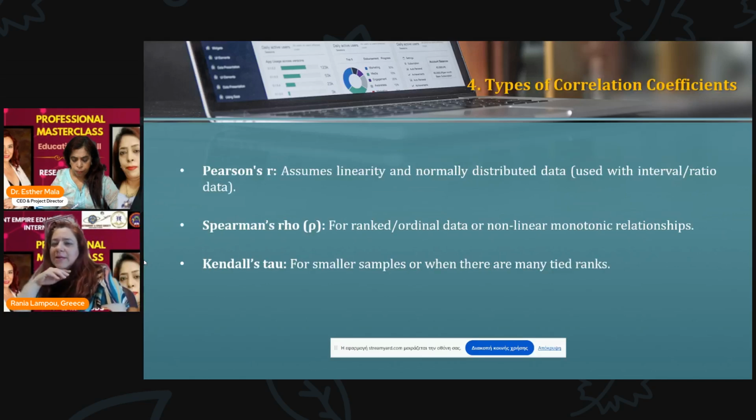The types of correlation coefficient. Pearson's assumes linearity and normally distributed data and uses interval or ratio data. Spearman's is for ranked ordinal data and nonlinear monotonic relationships. And Kendall's tau is for smaller samples or when there are many tied ranks.